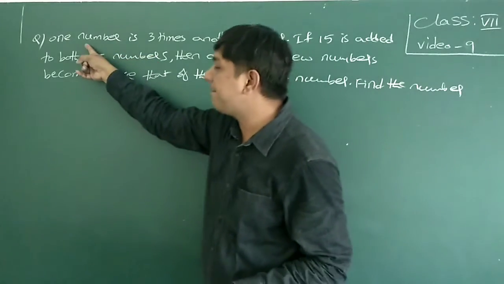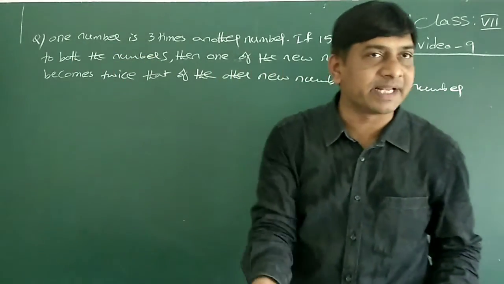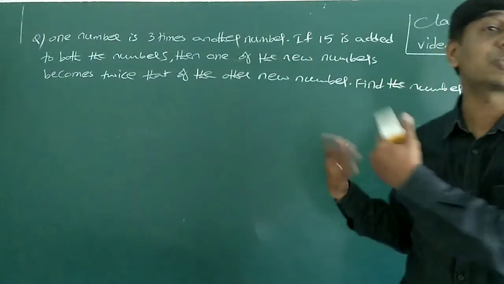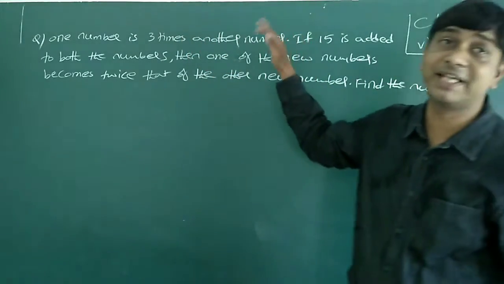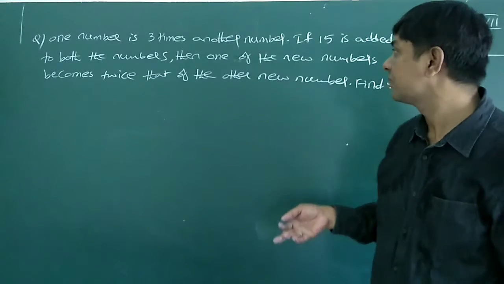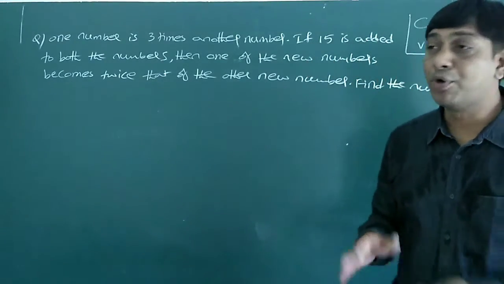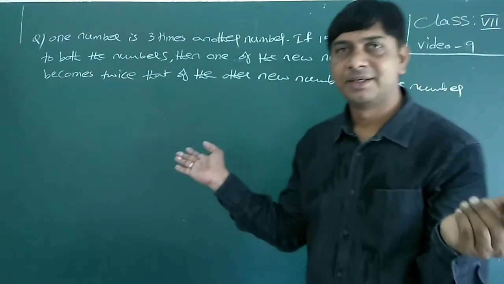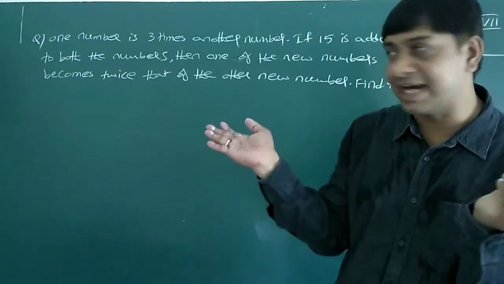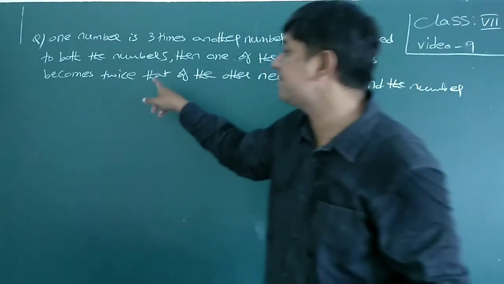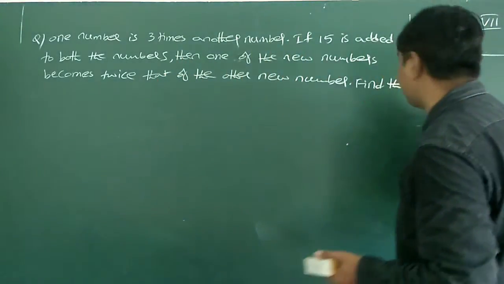One number, I don't know what number it is, is 3 times another number, which I also don't know. If 15 is added to both numbers, two different numbers, then one of the new numbers becomes twice that of the other new number.